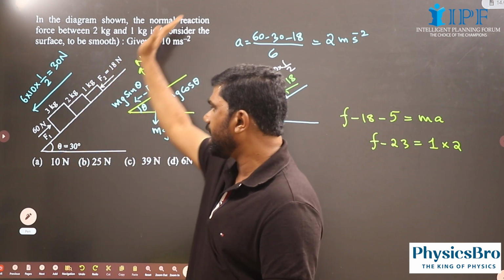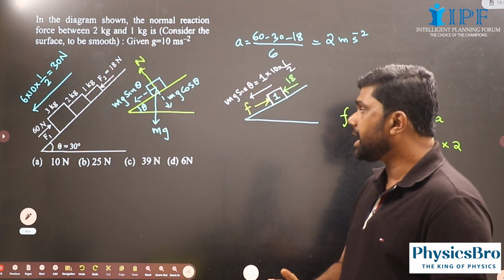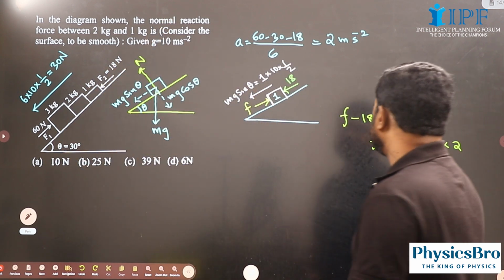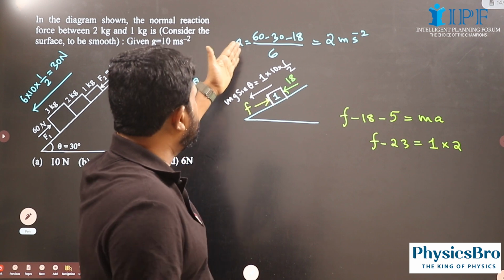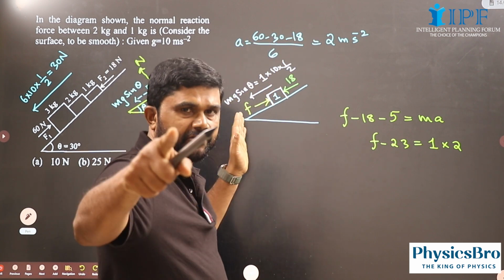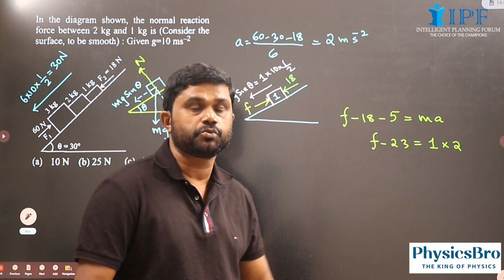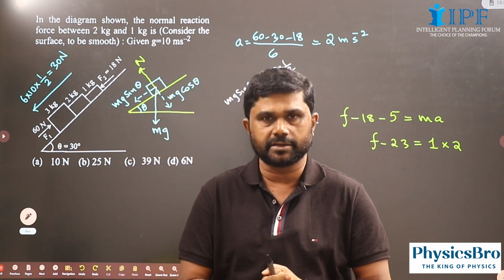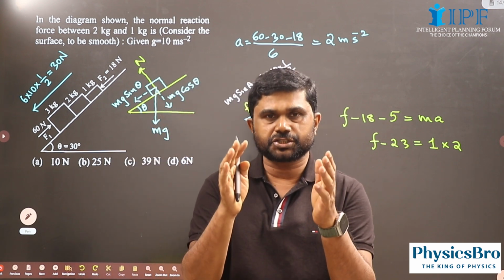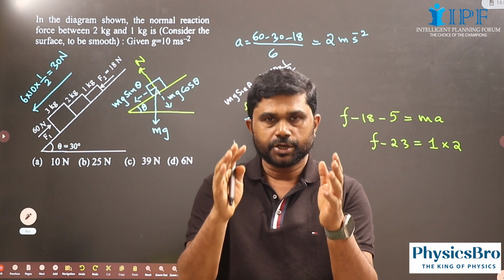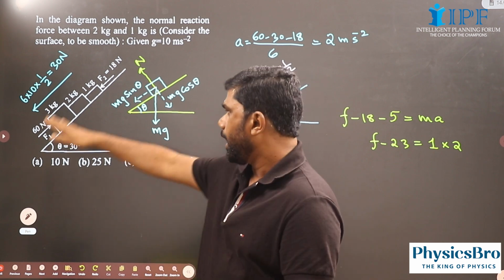Okay, so the acceleration will be 12 Newton divided by total 6 kilograms. So it will be 2 meters per second squared acting up the incline. Or the acceleration of all the blocks will be 2 meter per second square up the incline.